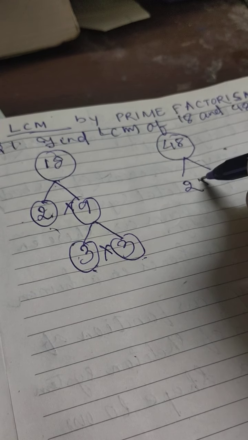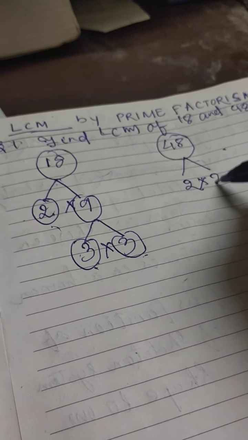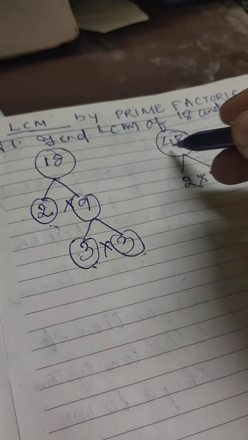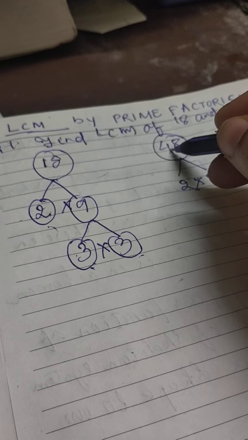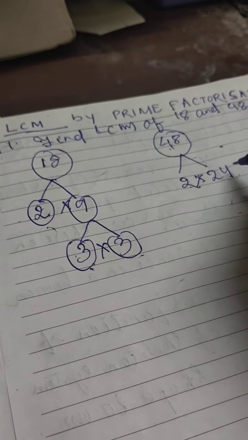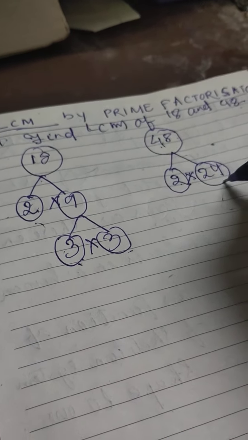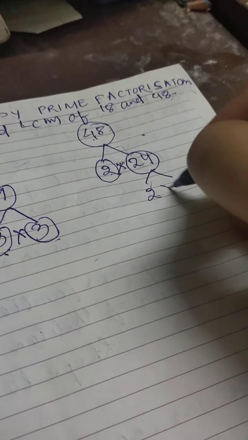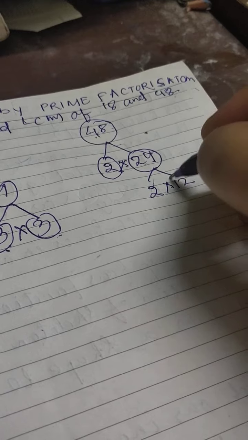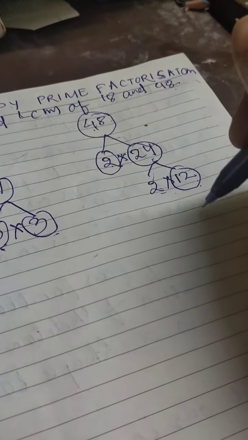First we divide 48 by 2. This means 2 into 24. 2 2s are 4, 2 4s are 8. So 2 into 24 is equal to 48. Again 2 into 12, 24. 2 into 12 is equal to 24.